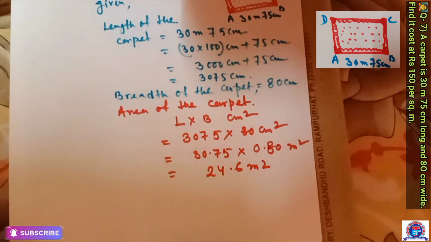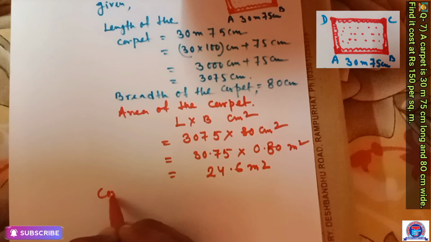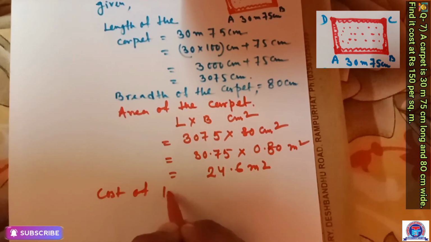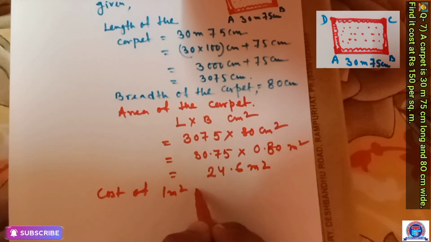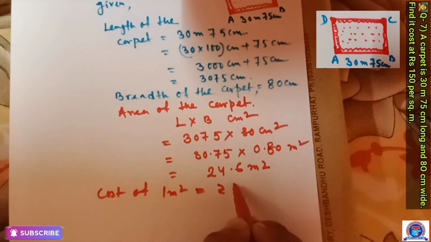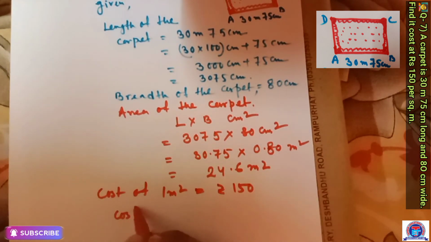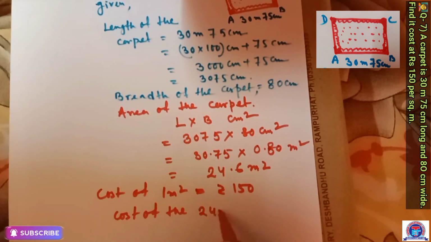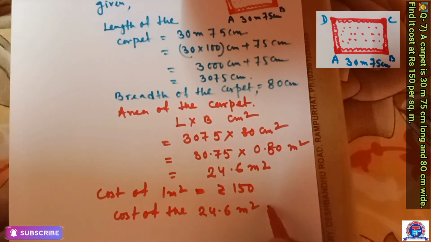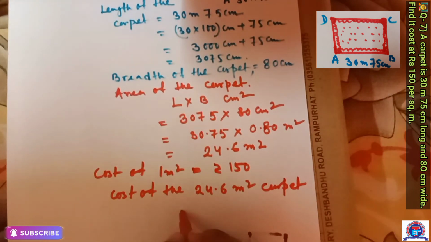Now here it is mentioned it costs rupees 150 per square meter. So we write there, the cost of 1 meter square is equal to rupees 150. Correct? The cost of the 24.6 meter square carpet will be how much?